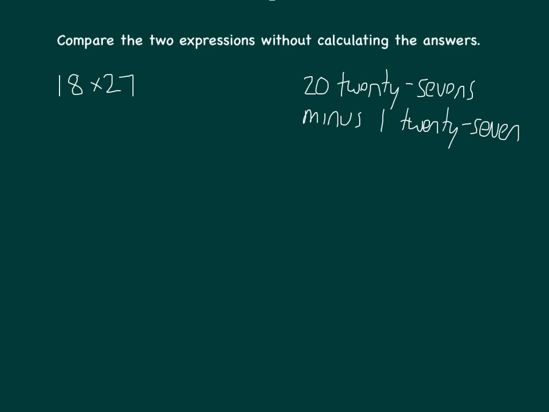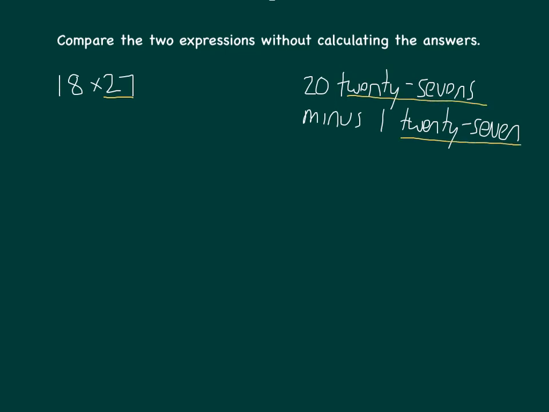So the last kind of problem you might be asked to do is something like this. That's compare two expressions without actually doing the math, without calculating the answers. So I have 18 times 27, and then I have 20 27s minus 1 27. So to compare these, to see which one's greater than, less than, or equal to, what you have to do is just think about what's going on. In this case, I have 27 as kind of the common thing.